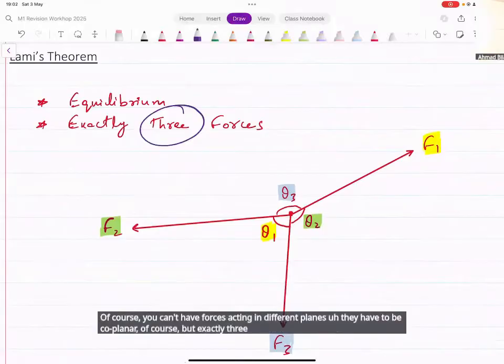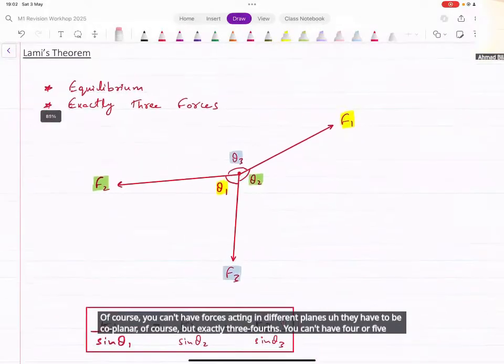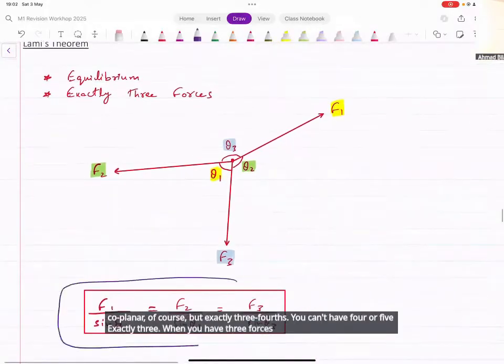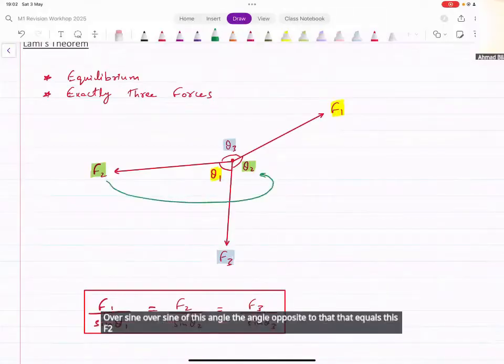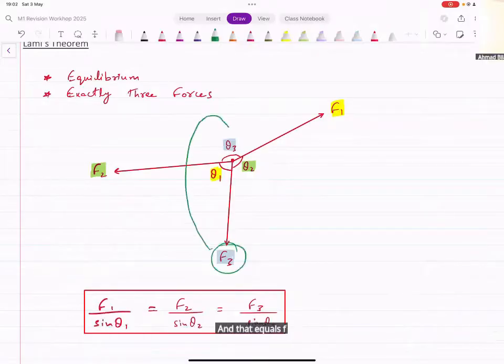You can't have 4, 5, exactly three. When you have three forces, then this holds true. F1 over sine of the angle opposite to that, equals F2 over sine of the angle opposite of that, and that equals F3 over the sine of the angle opposite of that.